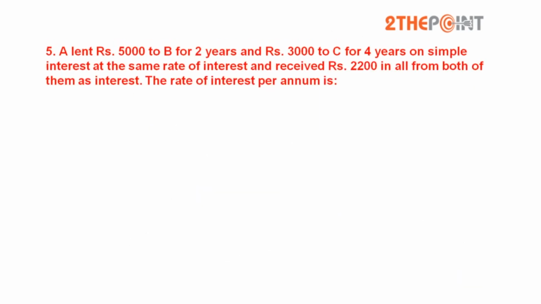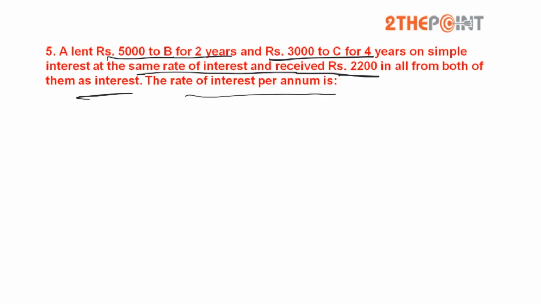A lent rupees 5,000 to B for 2 years and rupees 3,000 to C for 4 years on simple interest at the same rate of interest and received rupees 2,200 in all from both of them as interest. Then the rate of interest per annum is?